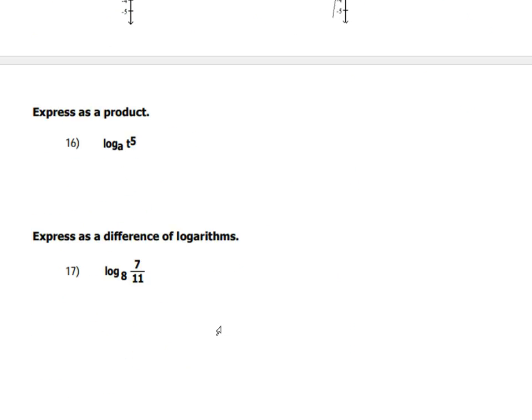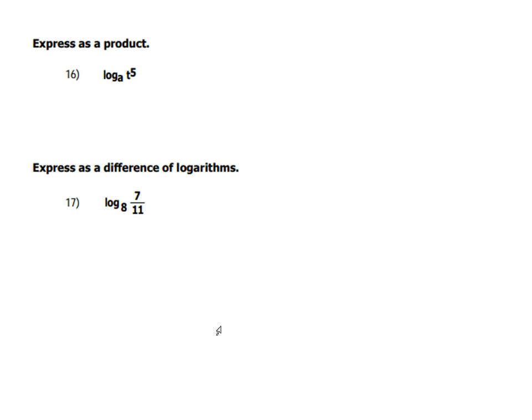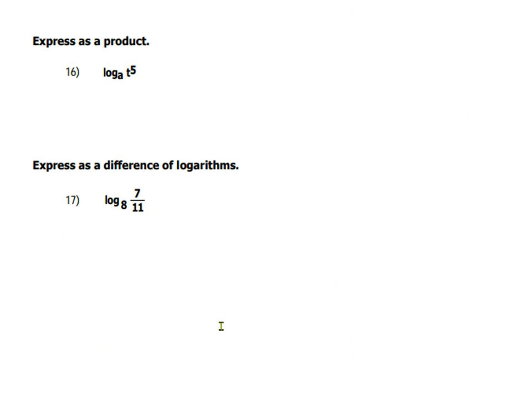Okay. Another log rule, express as a product. The log rule on this one is if you have log base A of m raised to the nth power, that will equal n times the log base A of m.